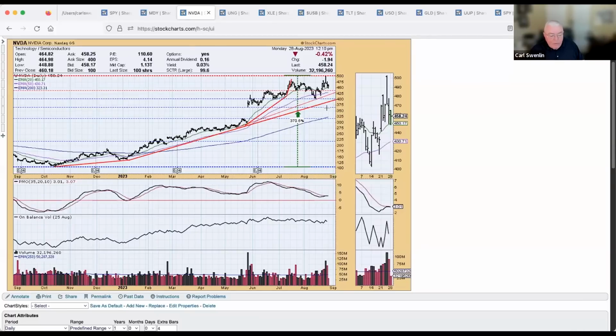Again, this stock is advancing on the hopes of AI accomplishments or contributions for the future. We don't know exactly how that's going to pan out.